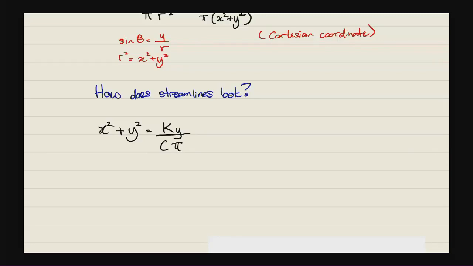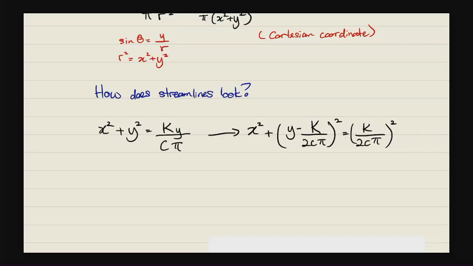And again, I'm going to use completing the square. So I'm going to get x squared plus (y minus k over 2c pi) squared equal to (k over 2c pi) squared. And this is an equation of a, what is it? Circle, right?